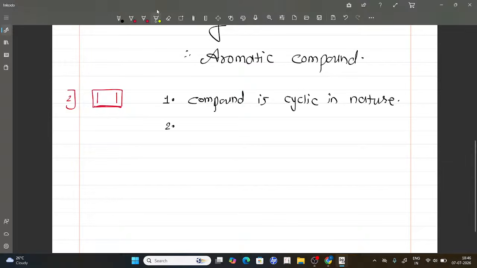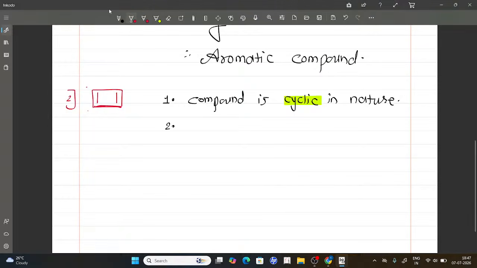Second point, is your compound planar or non-planar? So for the planarity, you are going to look at the sp2 and sp hybridized carbon atoms. And we know what an sp2 hybridized carbon atom is. If a carbon carries a carbon-carbon double bond, then it is called sp2 hybridized. If we look at this carbon atom, it is double bonded, hence it is sp2.